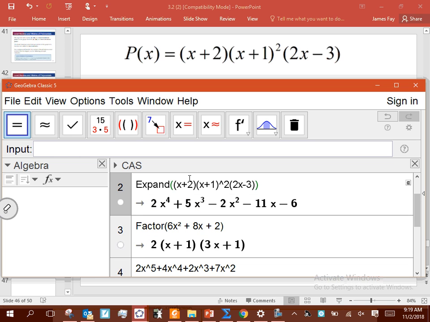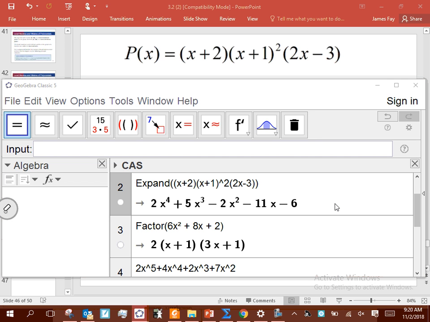Okay, so in this section, they will not give you an expression like 2x to the 4th plus 5x cubed minus 2x squared minus 11x minus 6, because we don't have the tools yet to factor that. Does that make sense? But they might give you something like 6x squared plus 8x plus 2, that one underneath it, because you do have the ability to factor that. Does that make sense to everybody?